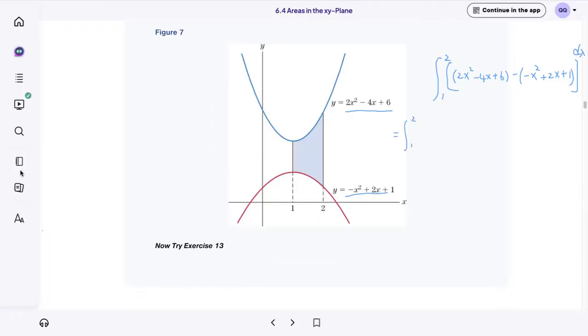So we look for like terms, we combine like terms. We have 2x squared minus negative x squared, that becomes 3x squared. We have negative 4x minus 2x, that becomes negative 6x. We have 6 minus 1, that becomes 5.